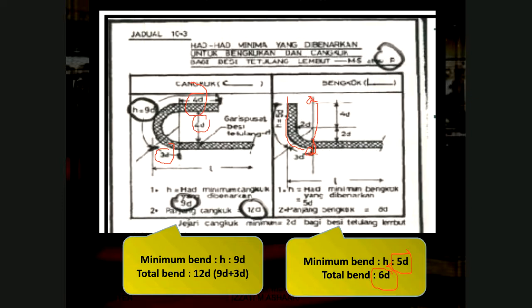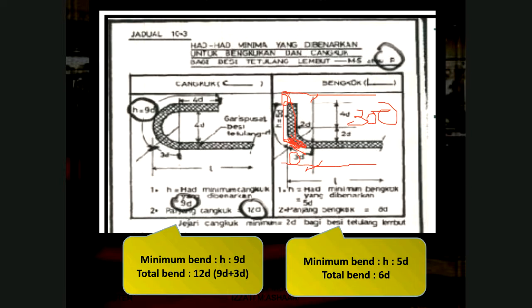For example, let's say you are given the actual size of the beam like this, and if you need to measure the length of this one, we may not have to consider this formula unless you are given the formula. So you take the whole depth, for example, 300 mm depth of the landing beam, deduct one concrete cover and deduct one more concrete cover, so you get the balance.